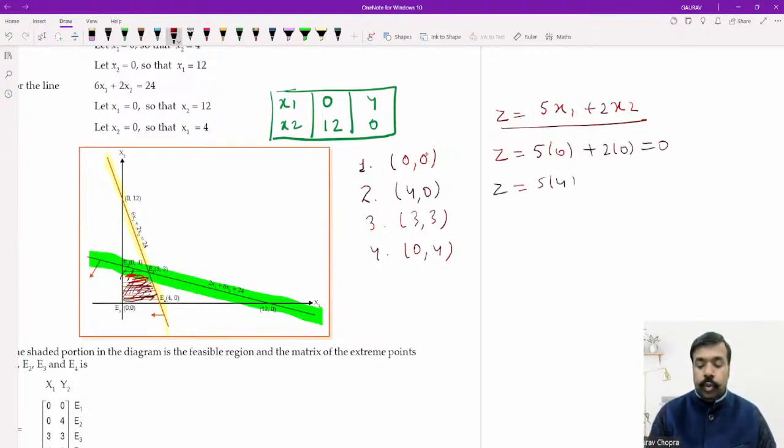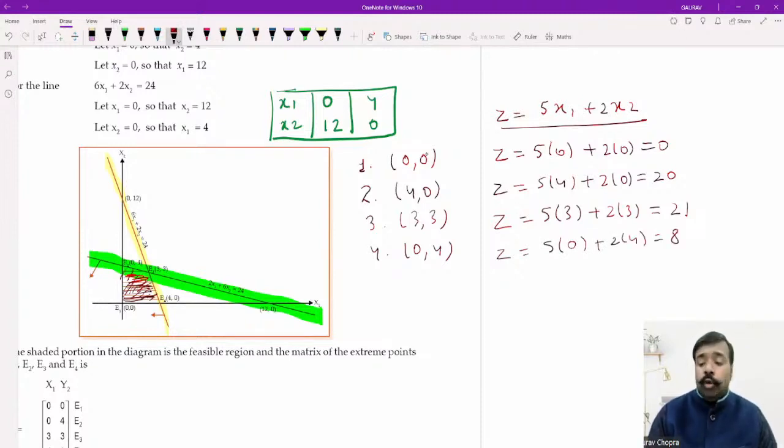Then 5 into 4 plus 2 into 0, it will become 20. Then by substituting 3 and 3, this time we are getting 21. And then 0 and 4, we are getting 8.